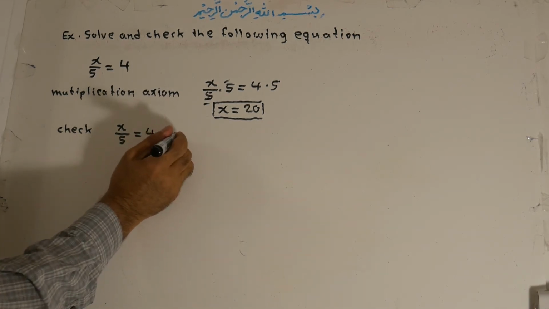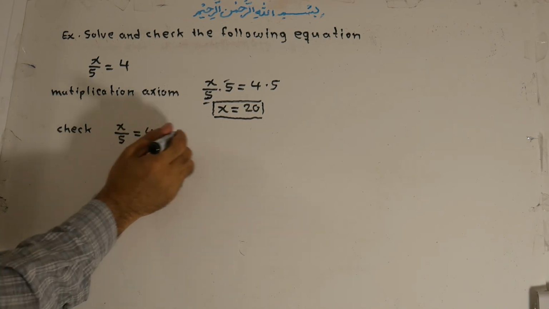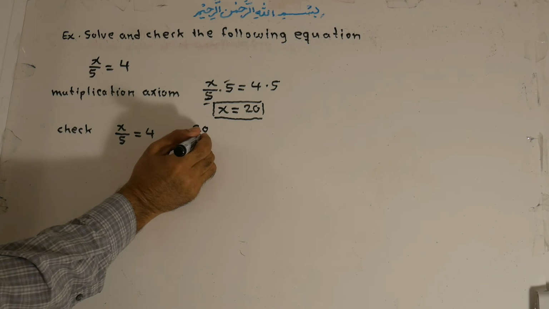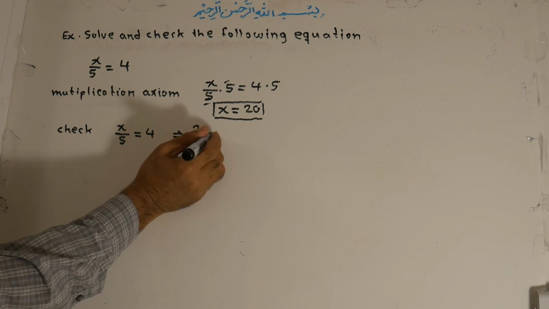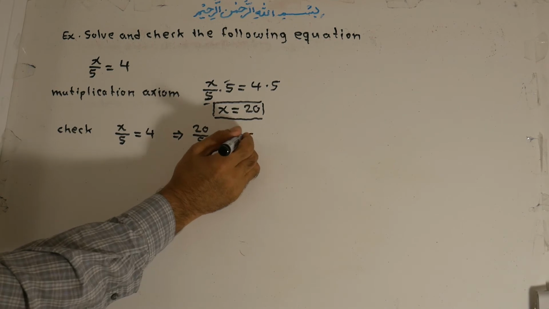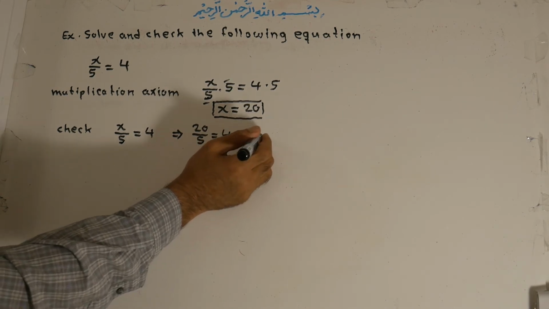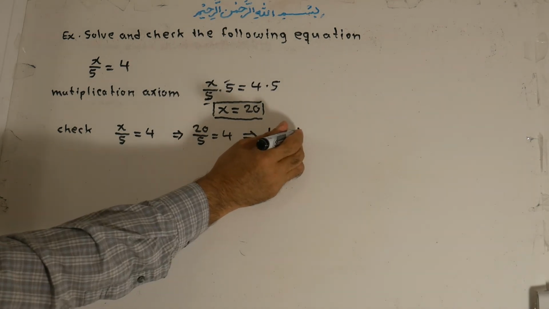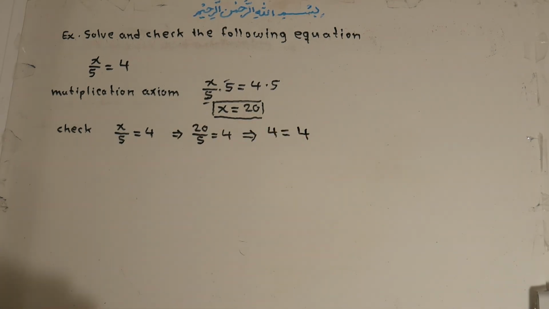It means that instead of x, we can write 20 over 5 is equal to 4. We know that 20 divided by 5 is equal to 4, and 4 is equal to 4. So now this equation is correct.